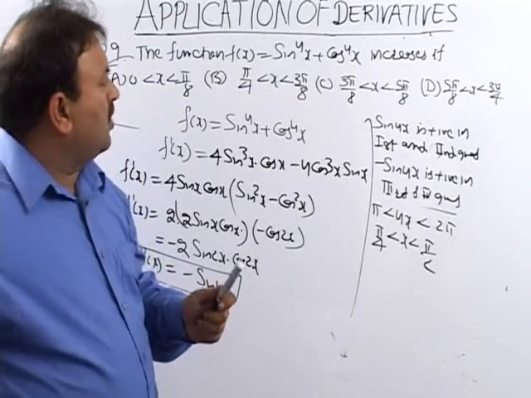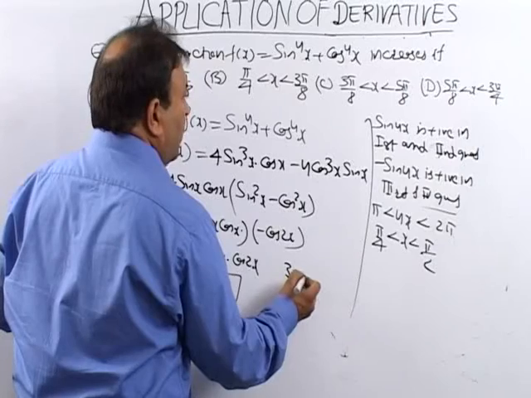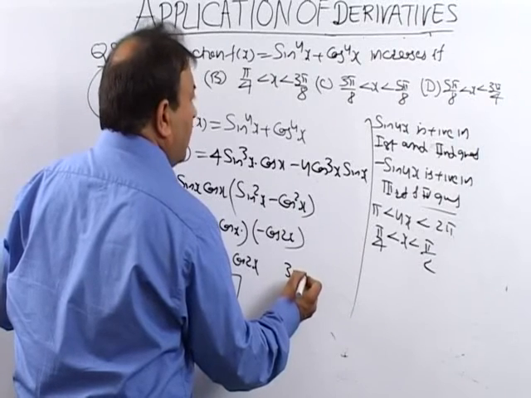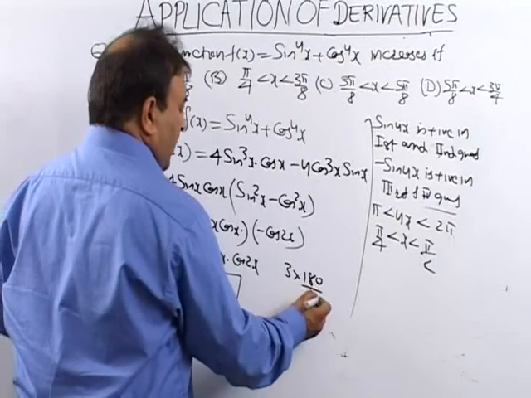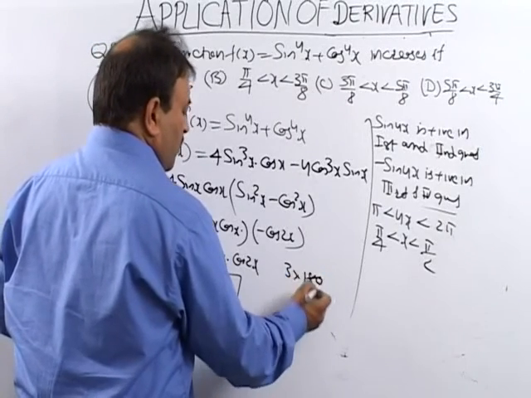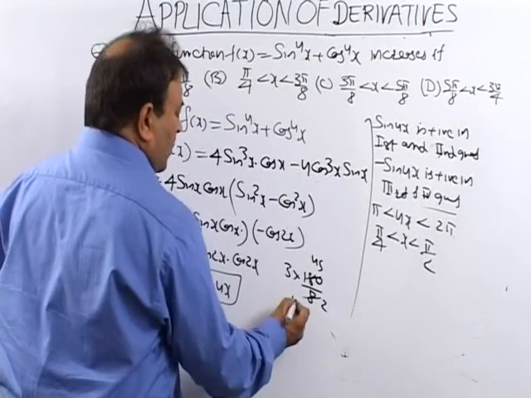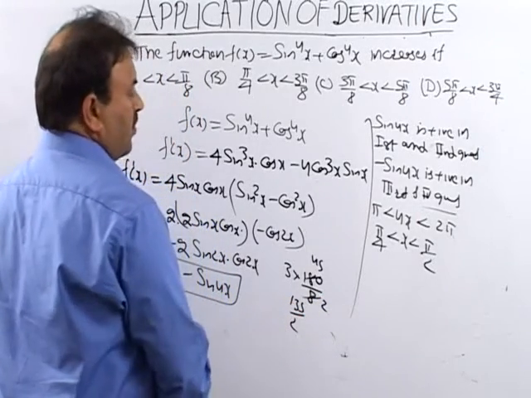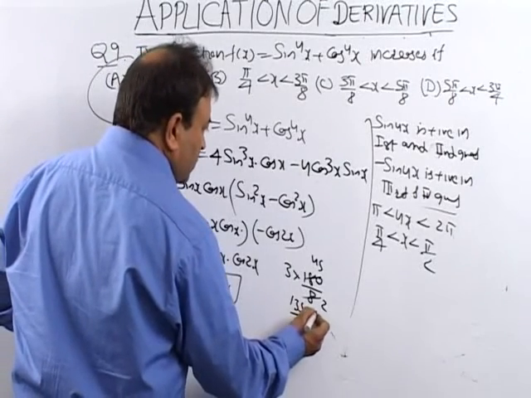So here we find 3 pi by 8. 3 into 180 upon 8 comes out to be 135 upon 2. 135 upon 2 is less than 90.